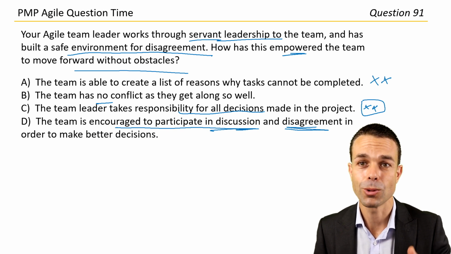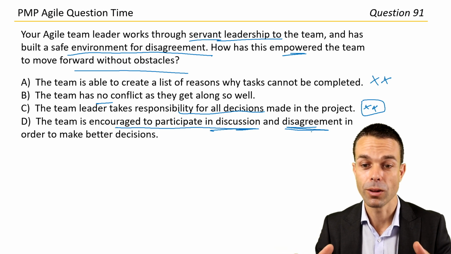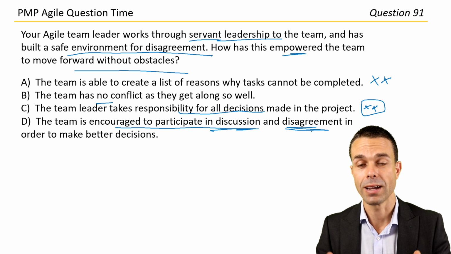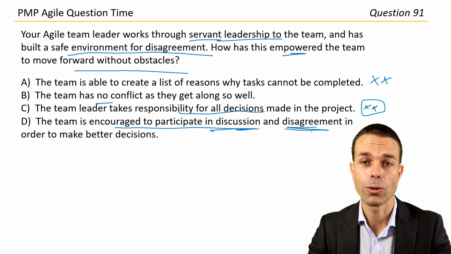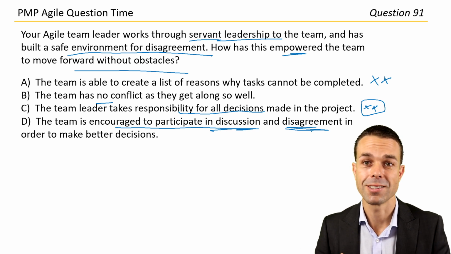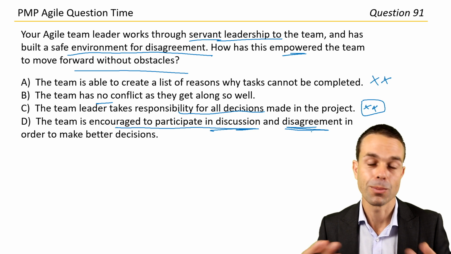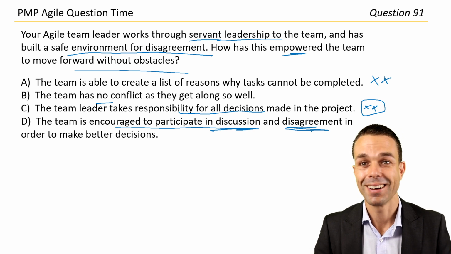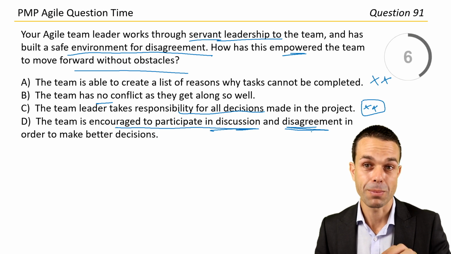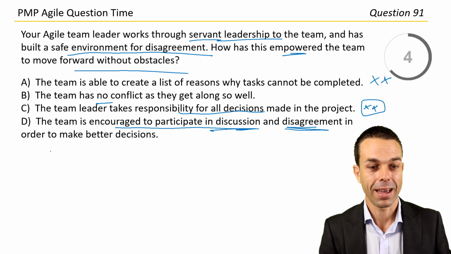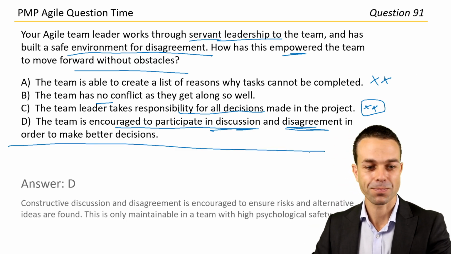I can disagree with you and I can still love you, and we can still be friends and good people, but as long as we're disagreeing in the right way, looking at the problem itself, not at the person, looking at the process, how do we help the process while still understanding that people in themselves are trying to do the best they can with what they've got at the time. It's hard to do in real life, but it is really powerful when you get it right, and in order to make better decisions. I love that one. Let's go with answer D.